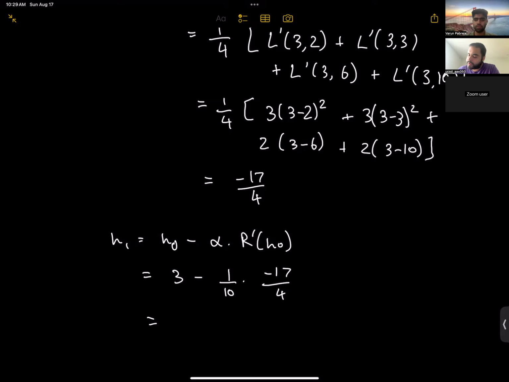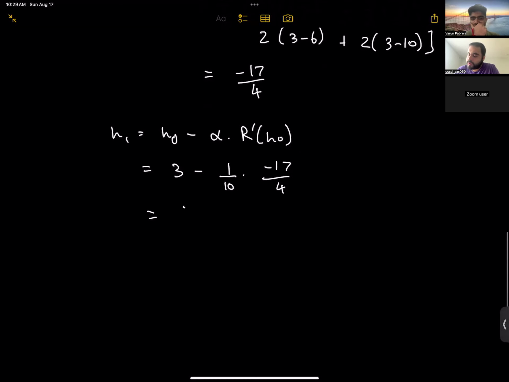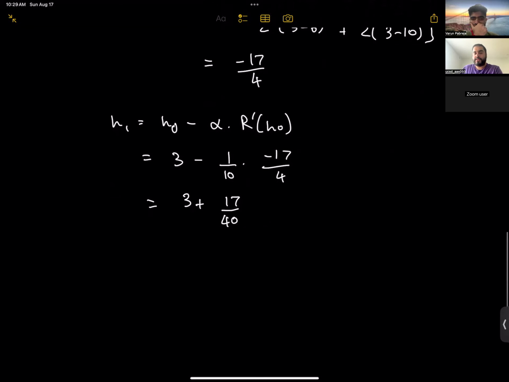So what we get is basically 3 plus 17 over 40. So the update from h0 to h1 is just adding this fraction, 17 over 40, to 3 to get h1.